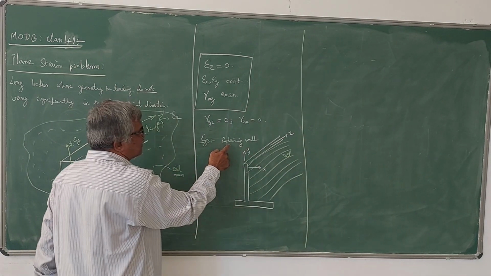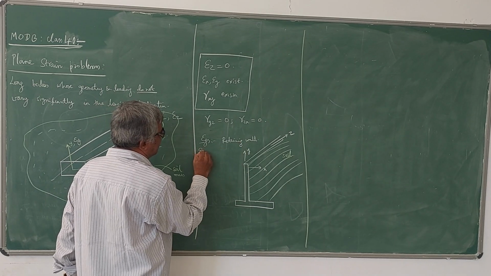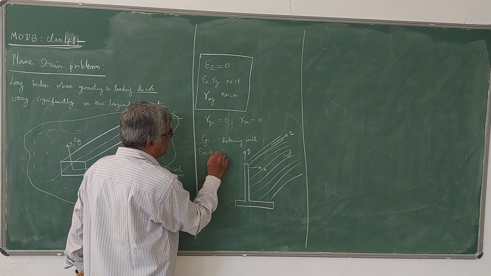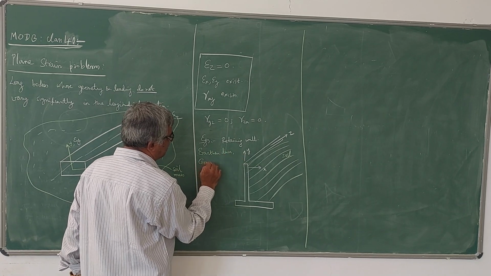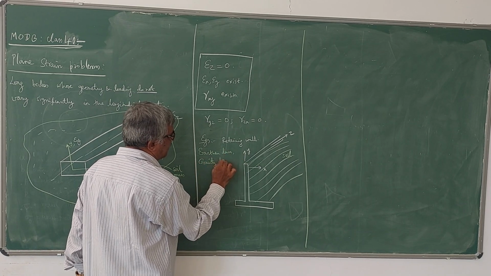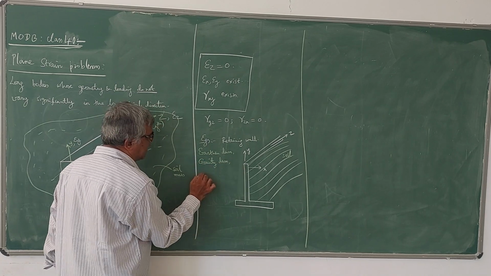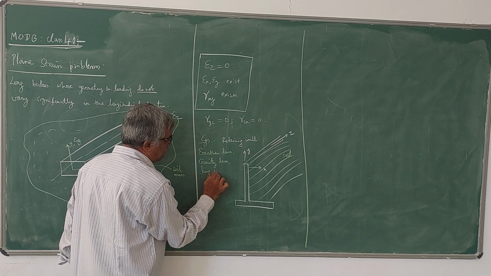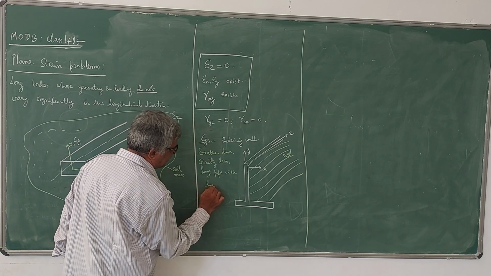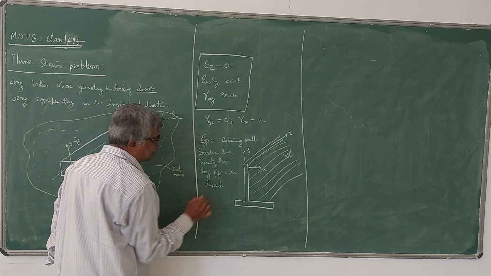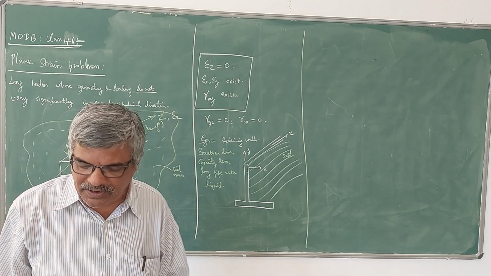Retaining wall, I have given one example, earthen dam, then you can have a gravity dam also, and a long cylinder, a long pipe with some liquid flowing in between it. So these are examples for plane strain.